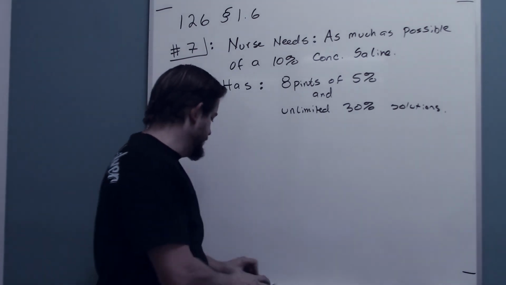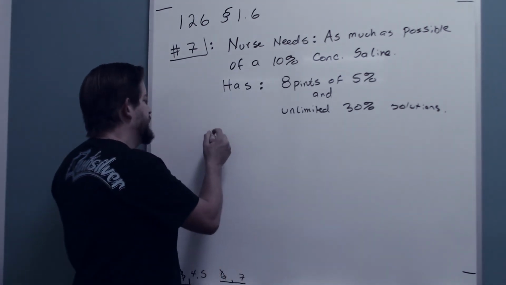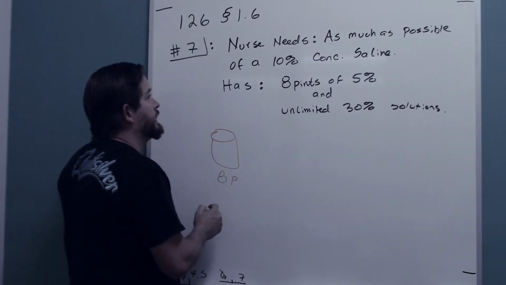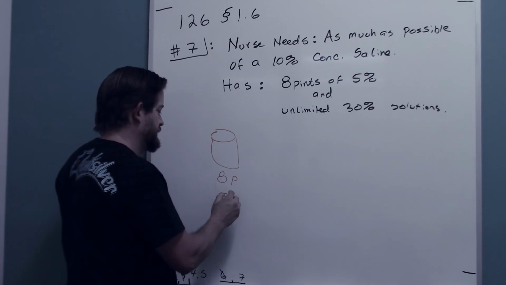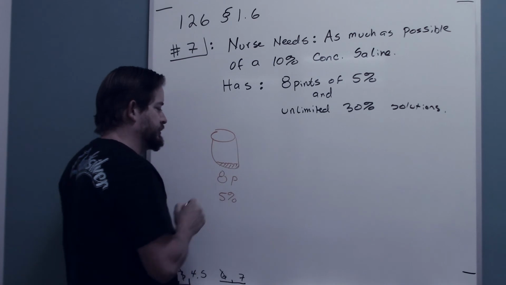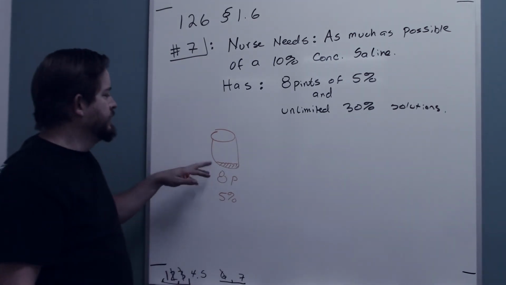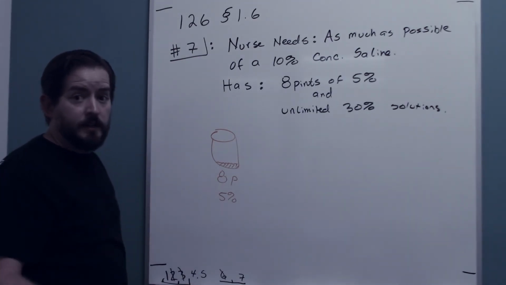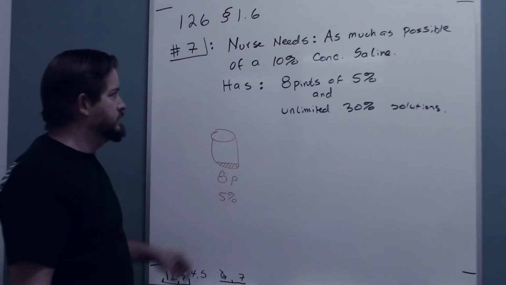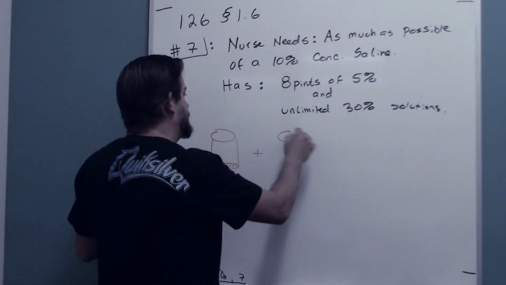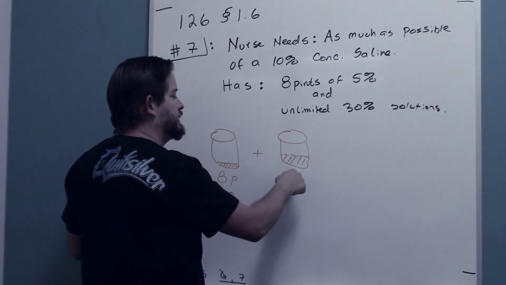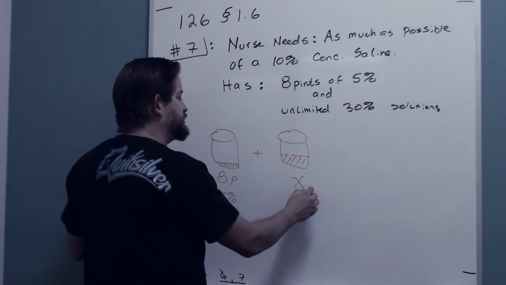Now the idea here is, again, that we have a saline solution. I have 8 pints of a 5% solution, right? Which means I just have this little tiny bit of salt that's in the bottom of this. If it were to separate out, right, it doesn't. Otherwise, pumping this into your body, bad idea. But I've got that much salt, plus however much I get out of this 30% solution, X pints.